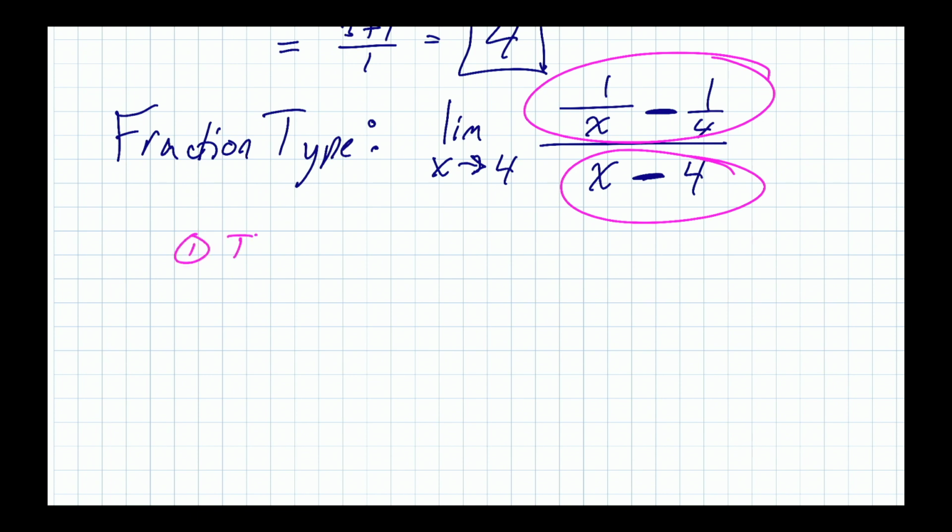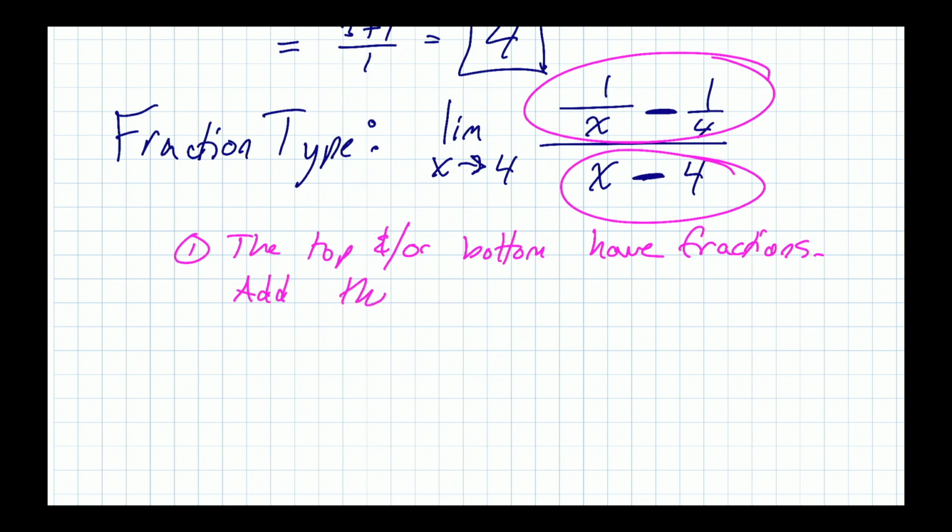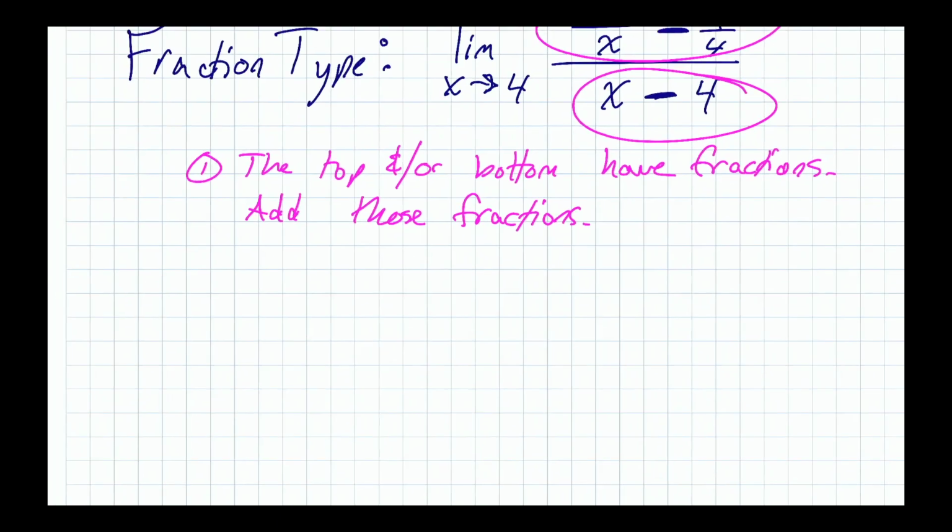So the top and/or bottom have fractions. Add those fractions. Okay? Now, after you add those fractions, you're going to have a fraction over a fraction or something like that, okay?